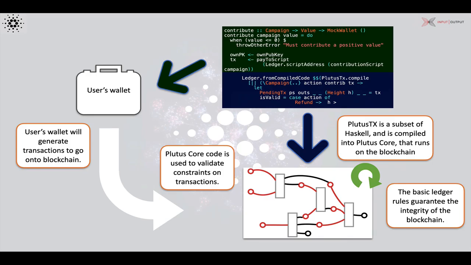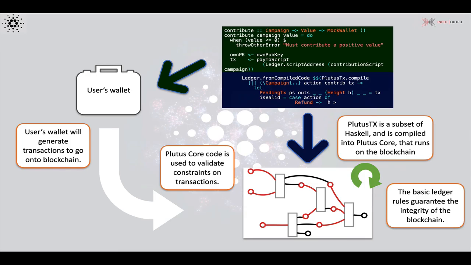So the wallet or the user interface will generate transactions that go on the blockchain. Now we need the wallet to be involved because we need to approve transfer of assets, transfer of cryptocurrency into a running contract in a deposit. So we need to use the wallet there to approve that.